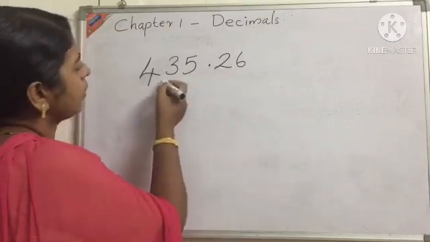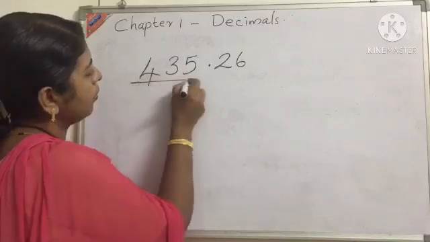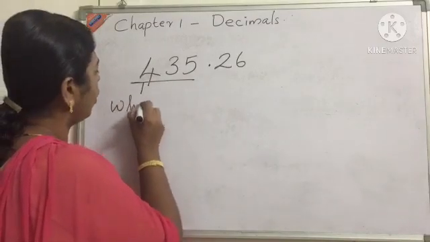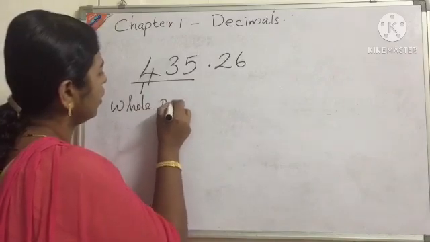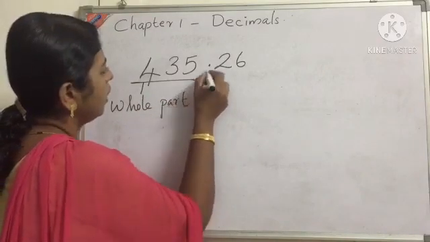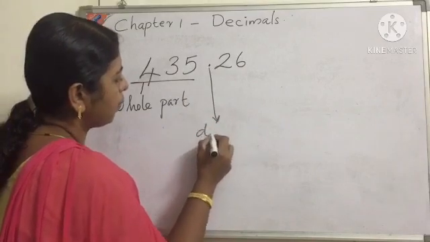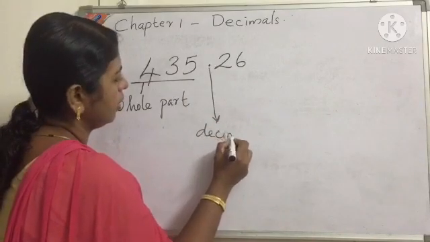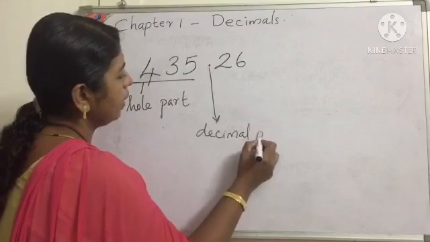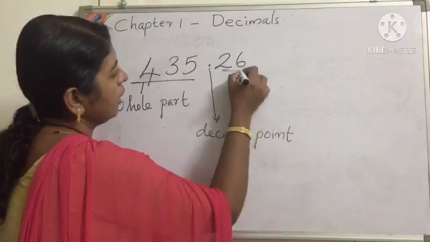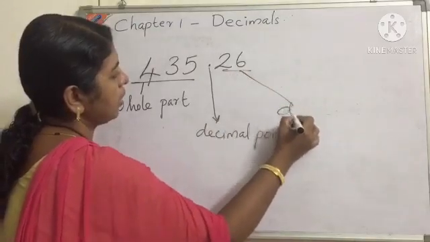So this is the whole part, this is the decimal point, and this is the decimal part.